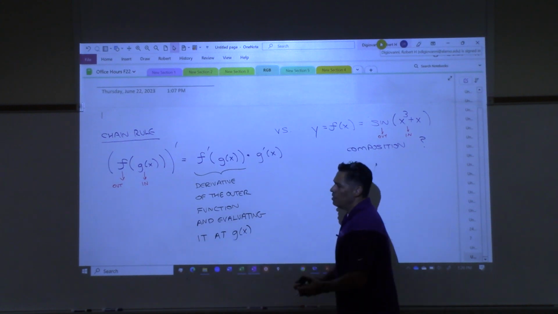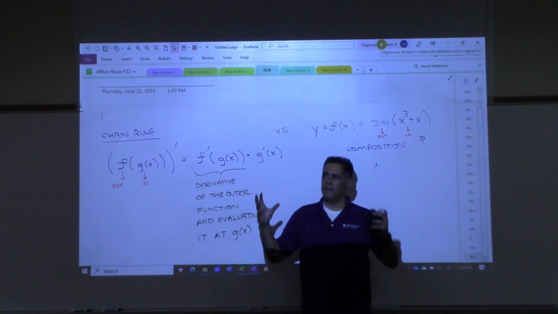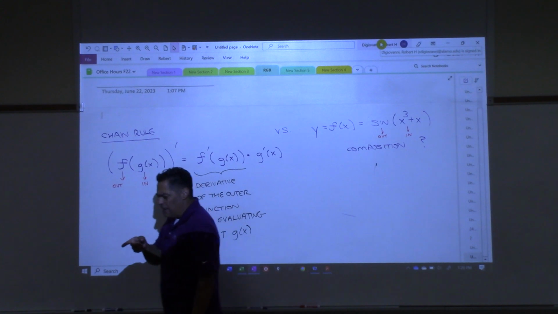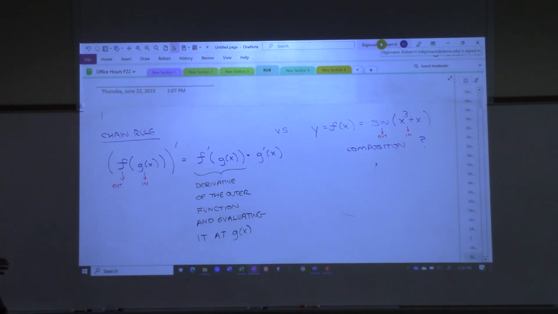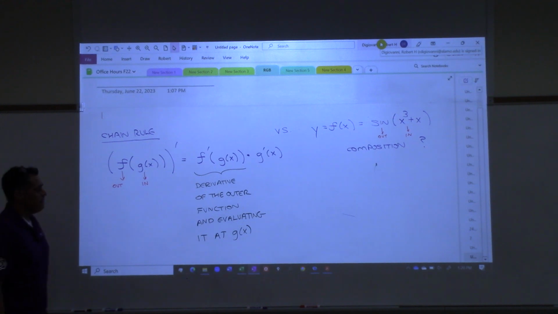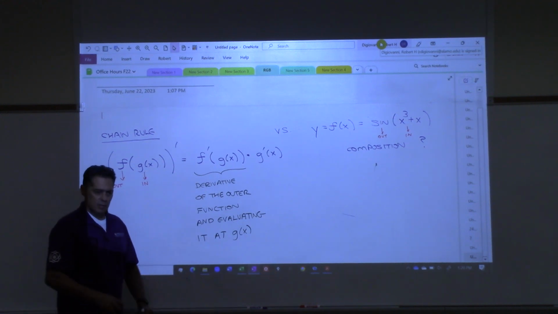In other words, you're going to take the derivative of the outer function, and inside of it, you're going to plug in the g function. That inner function gets plugged in. You'll have to see it in action, all right?